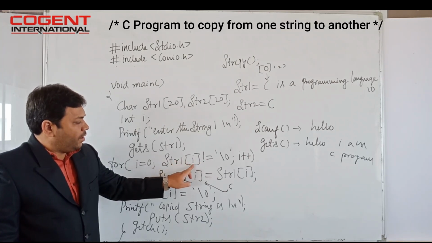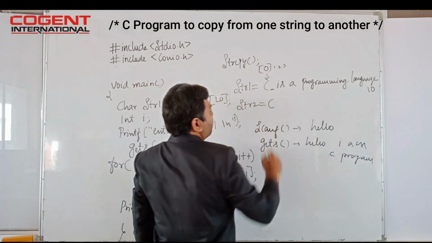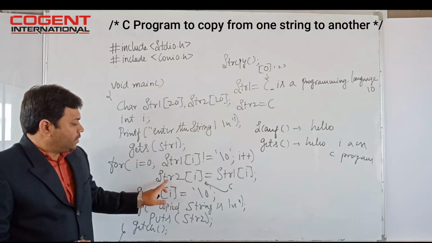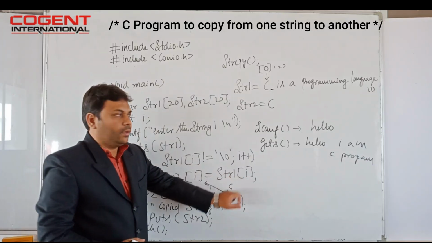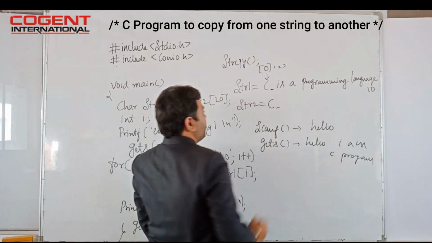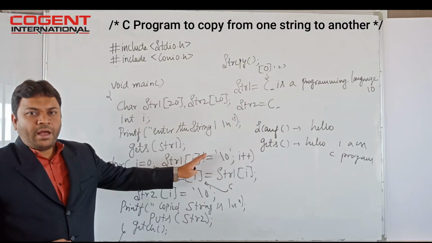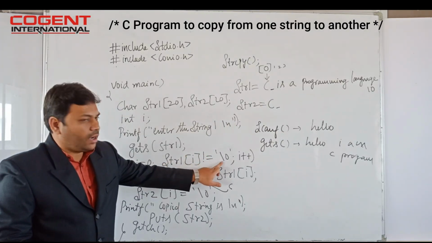Then str1[1] not equal to the null character. In this case there is a space here. So it is not a null character. Then str2[1] is equal to str1[1]. So this space is copied into str2. Next increment the value of i, i becomes 2. str1[2] is not equal to the null character.